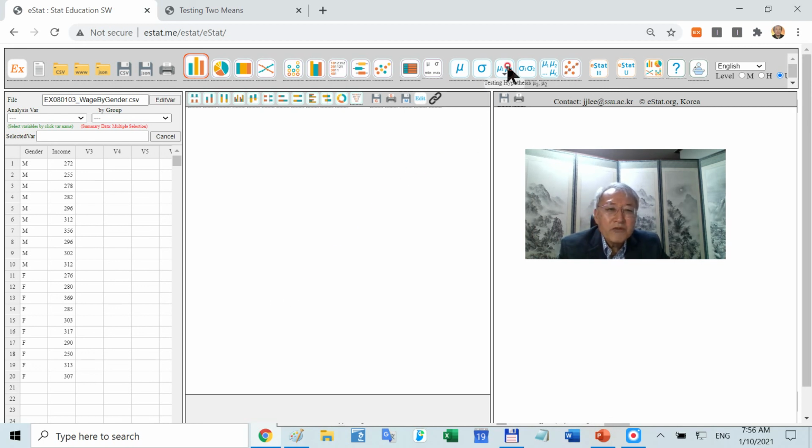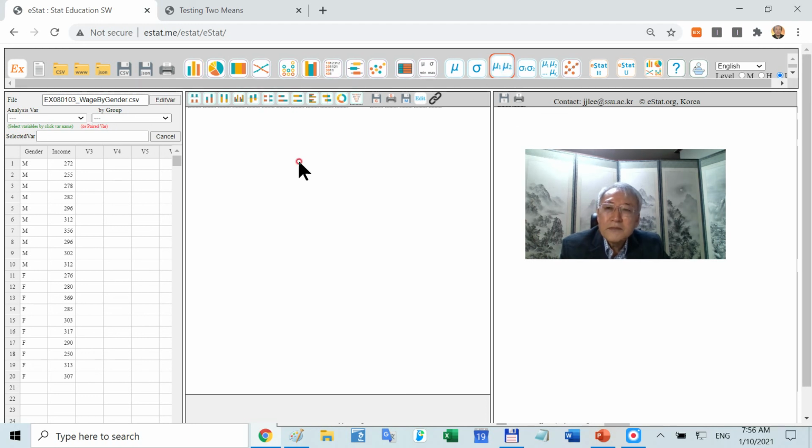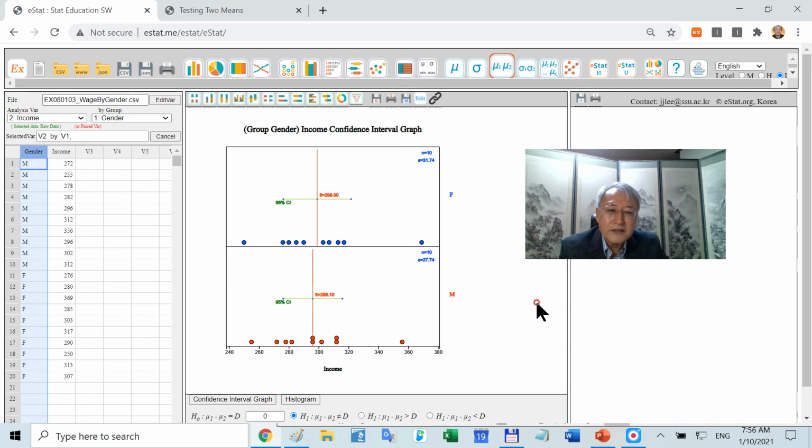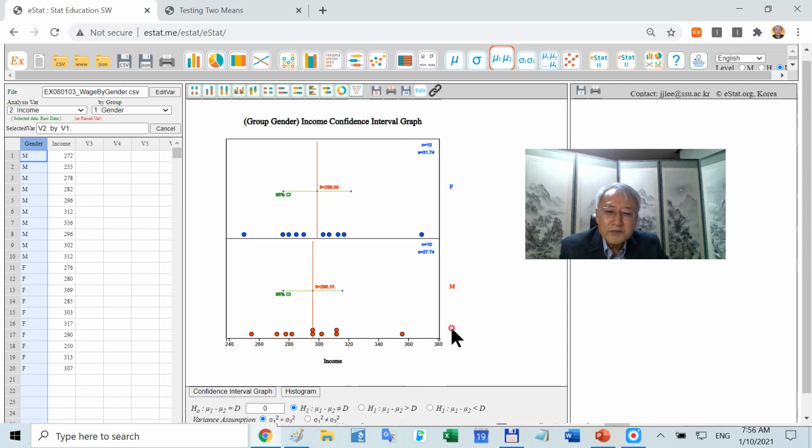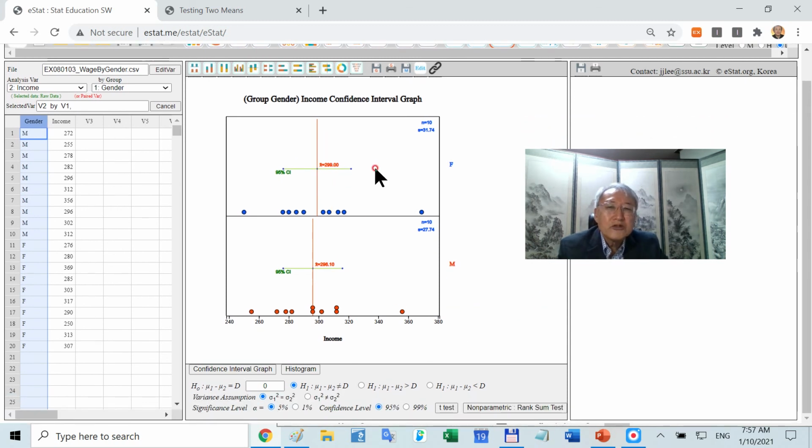Here's an icon for testing hypothesis for two populations. The analysis variable, the main concern, is income. Click here. For the by group, you need to select the group. You have two groups, we are comparing two populations. You are comparing two population means. These are the confidence intervals.